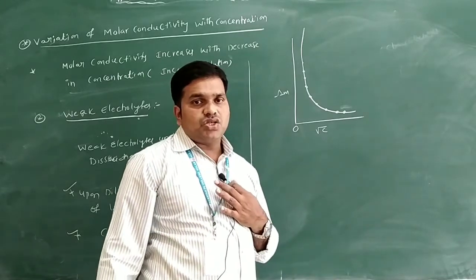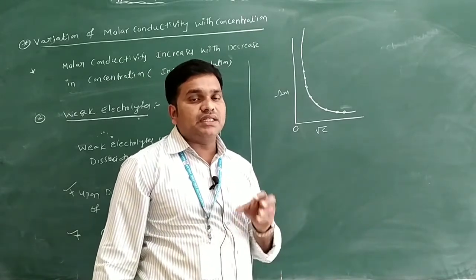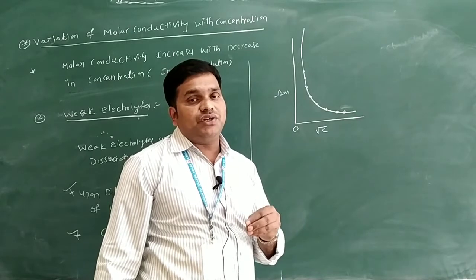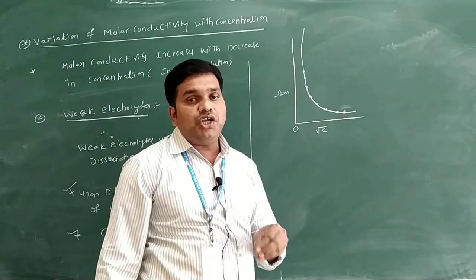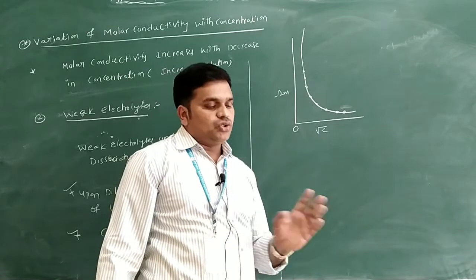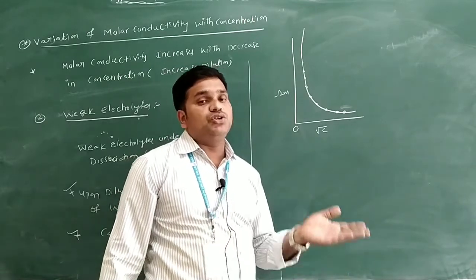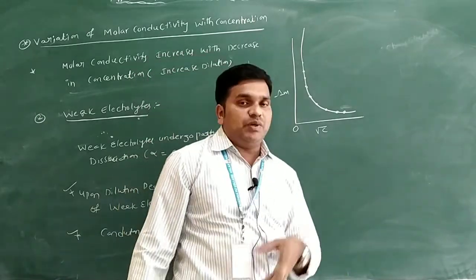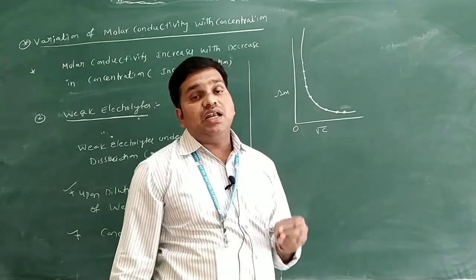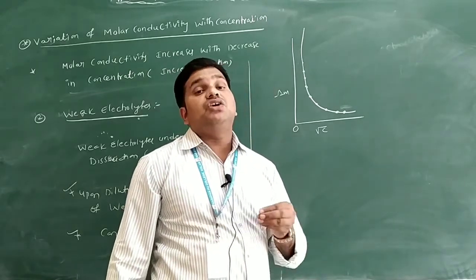It is impossible to determine the limiting molar conductivity for a weak electrolyte by a graphical method. So what method is introduced? They introduced one more method, an indirect method, to identify the limiting molar conductivity for the weak electrolyte.